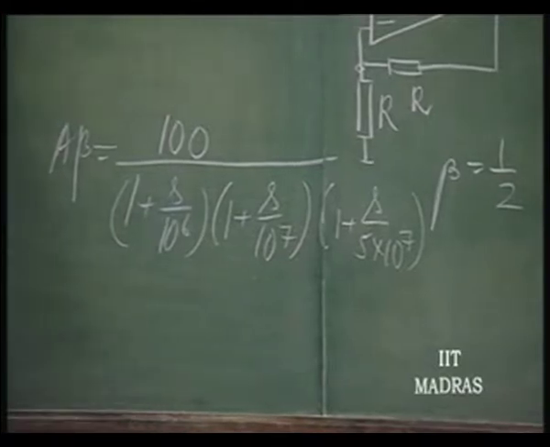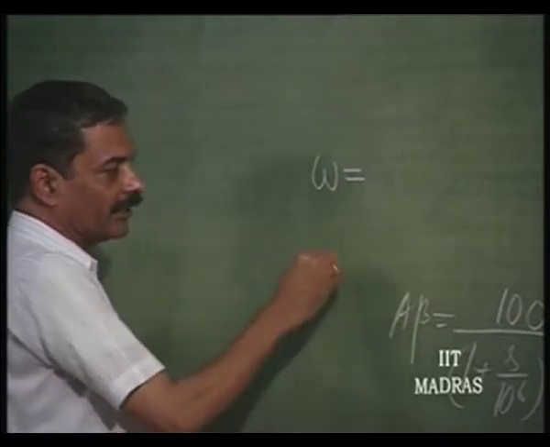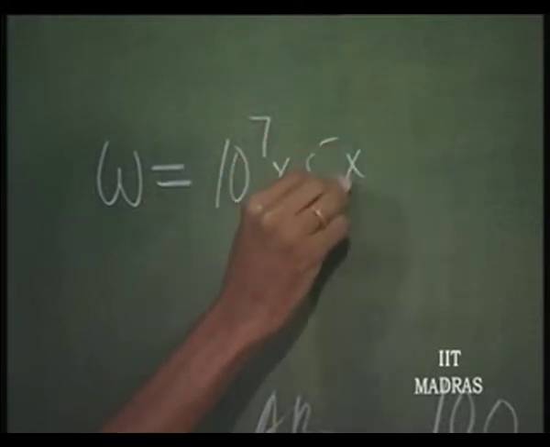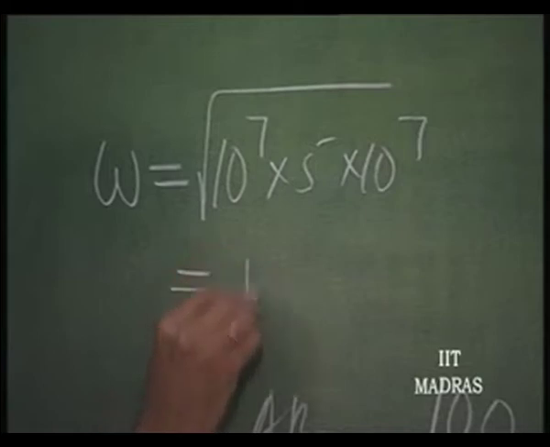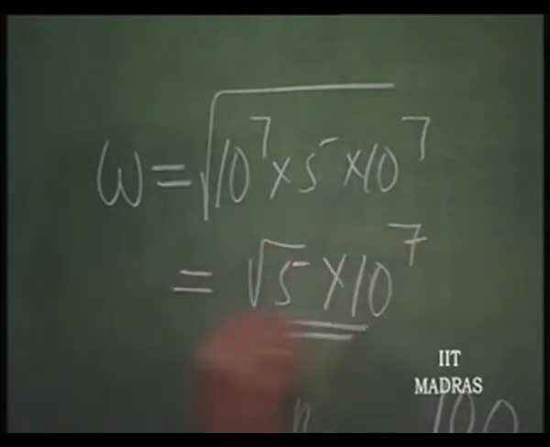Now, the frequency at which the phase shift of this becomes equal to 180 degrees is roughly equal to 10 to power 7, 5 into 10 to power 7 under the root, which is root 5 into 10 to power 7.